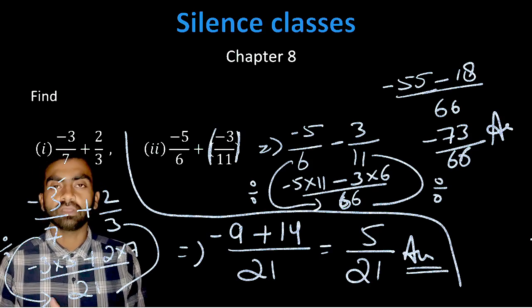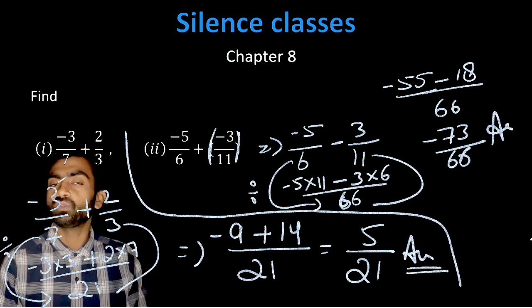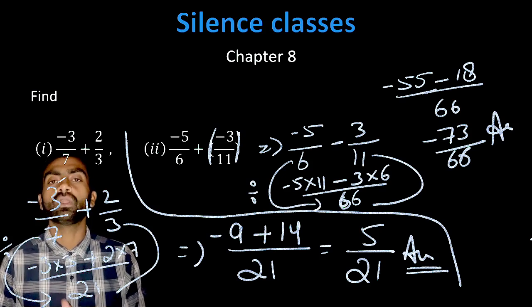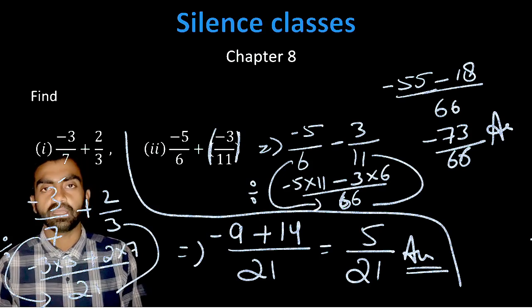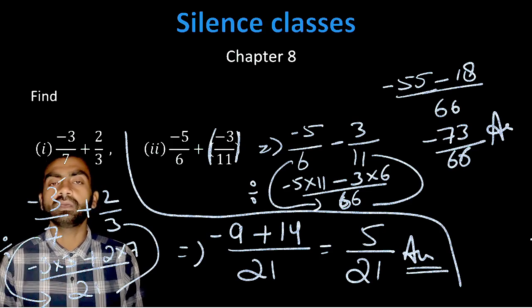The questions are very easy once you know the concept of how we have to do it. If the denominators are not the same, first of all make them equal by taking the LCM. Then you have to divide the LCM by the denominator, and whatsoever answer you get, you have to multiply it by the numerator.